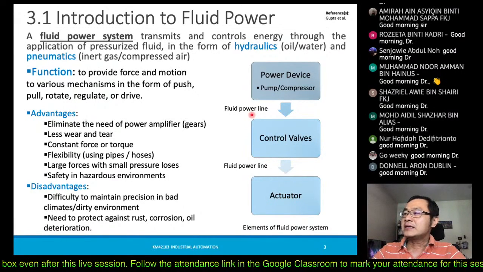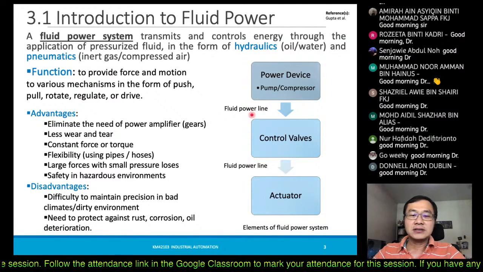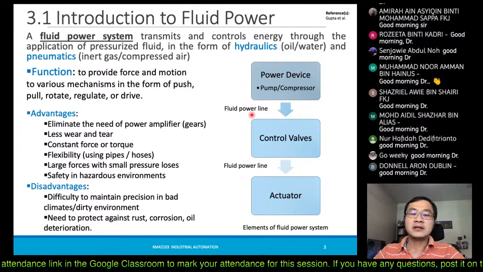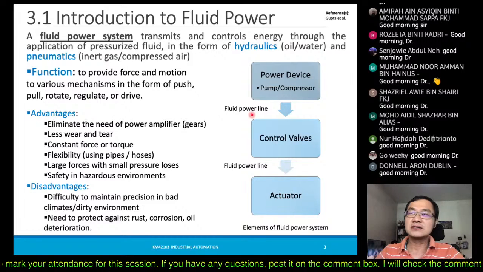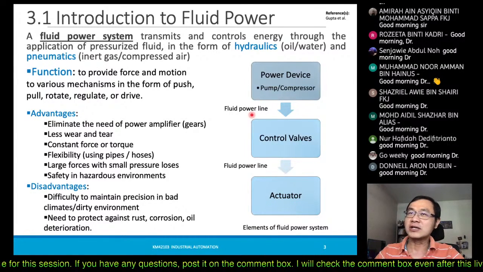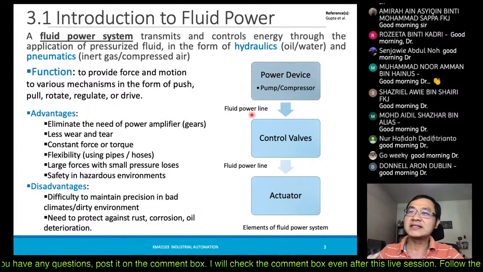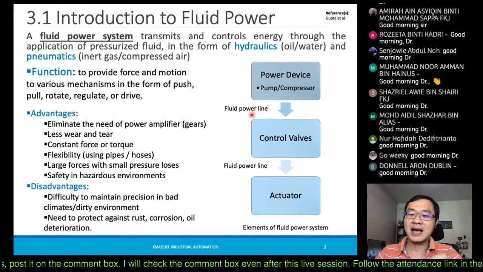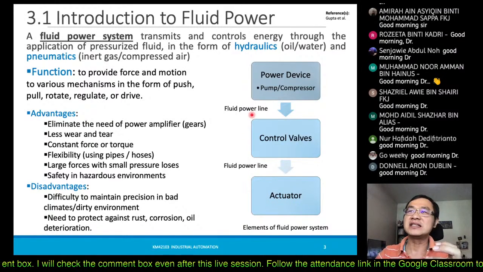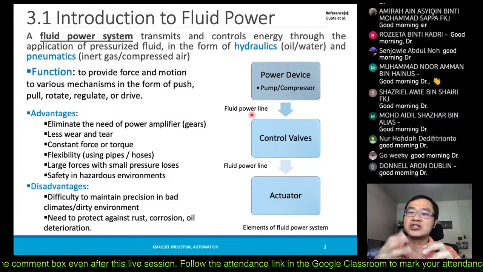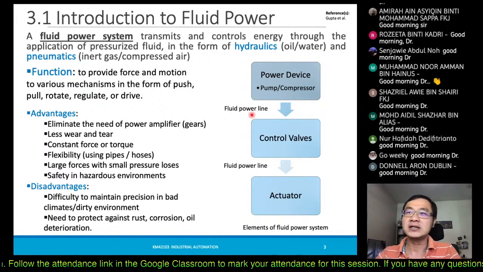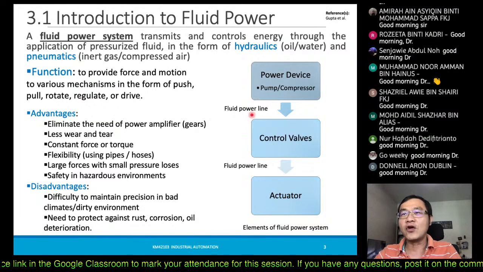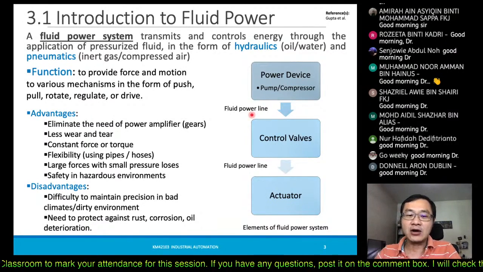Other advantages include constant force and torque that it can provide, and the flexibility of using pipes and hoses, so that your actuators can be located at various parts, and you don't need a gear at the specific locations to transmit all this power. You just need a pipe to connect them to the reservoir of oil or the air compressor.